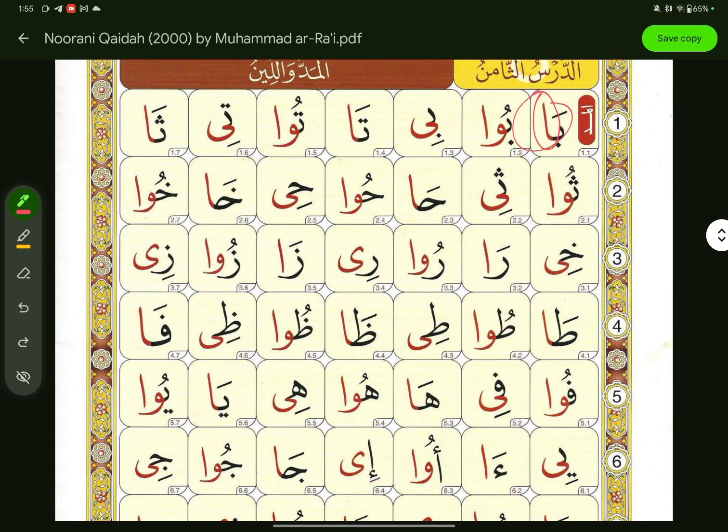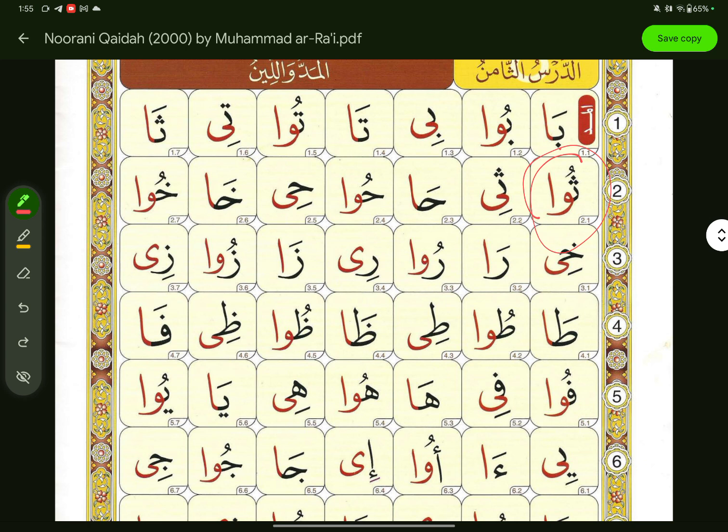This is alif. There's ba, and this one here is boo. This alif here, you're not even going to pay attention to. Pretend it's not there. So this is boo, and this one here is a ya. This is bee.